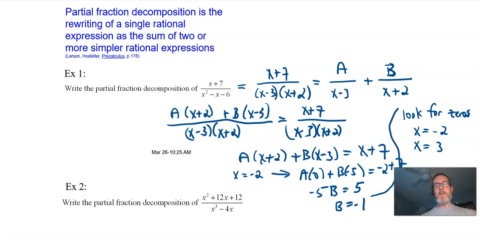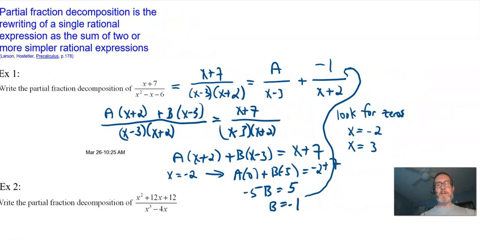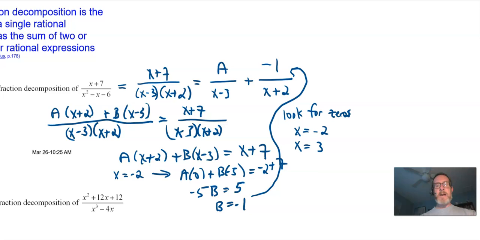So now I figured out what this term in the top of the one fraction is equal to. It's equal to -1. I do the same thing to figure out the value of a, only I let x equal 3. So if I do that, I get a times 3 plus 2, which is 5, plus b times 3 minus 3, which is 0, equals 3 plus 7, and that's 10.